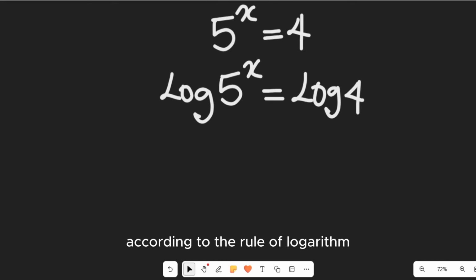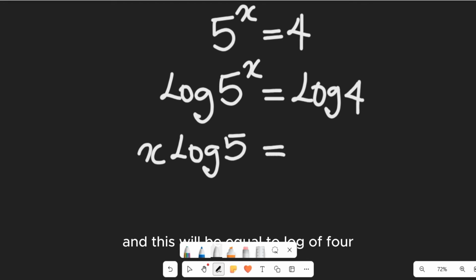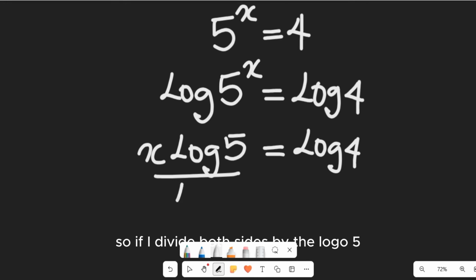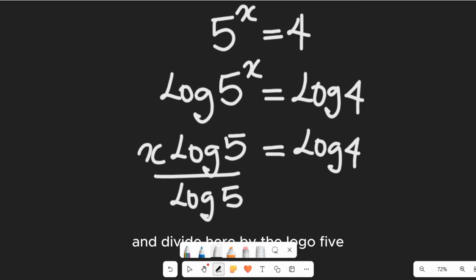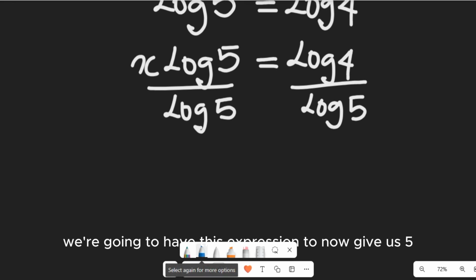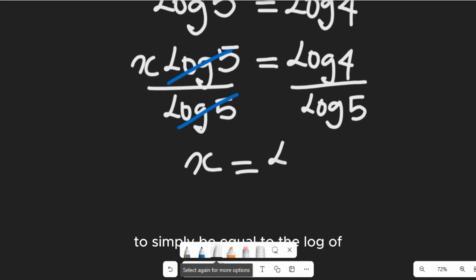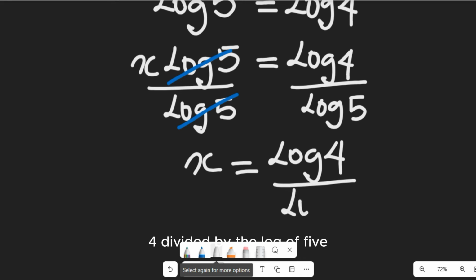According to the rule of logarithm, I can take this to become x log 5, and this will be equal to log of 4. If I divide both sides by the log of 5, what are we going to have? We're going to have x simply equal to the log of 4 divided by the log of 5.